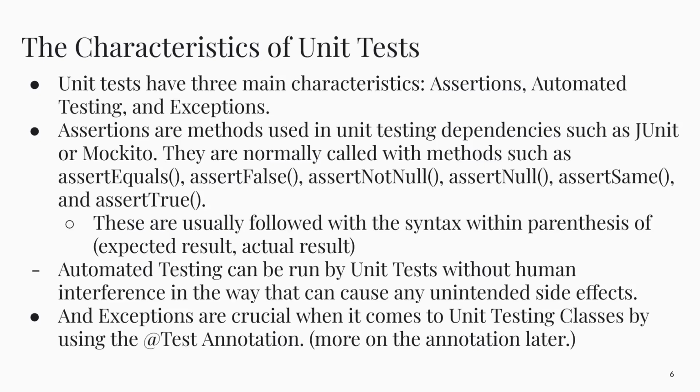All of these are methods within these unit testing dependencies that are usually followed with the syntax within the parentheses of the expected result of the assertion, and then a comma, followed by the actual result of the assertion. So let's say, for example, assertFalse.